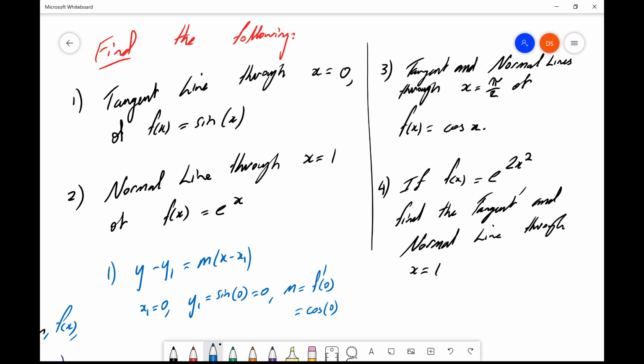So what is cosine of 0? That is 1. So if I plug that all in, I'll get the equation y minus 0 is 1 times x minus 0. And if I simplify it, I get y equals x. And I think that's pretty nice.